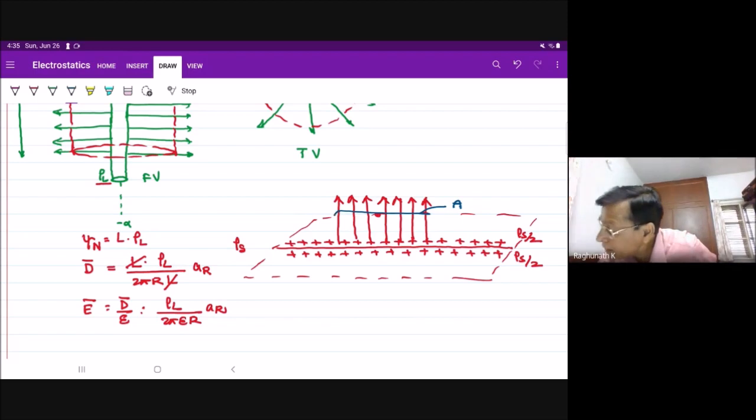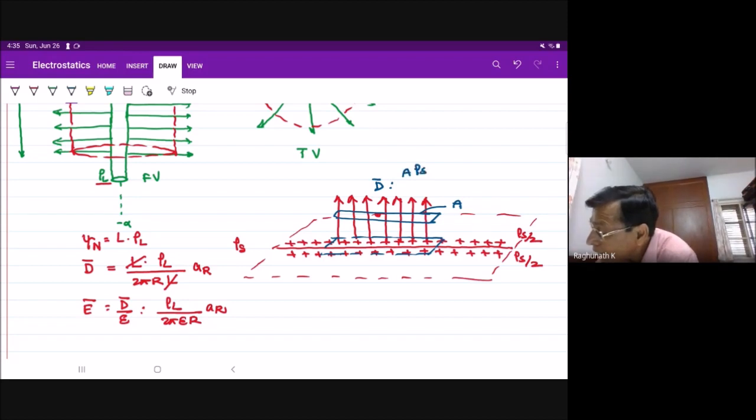When I consider a surface of area A perpendicular to these lines, they are coming from the same area A on the surface. The total number of flux lines passing through this surface of area A is A rho S by 2. And the flux density D bar is what?